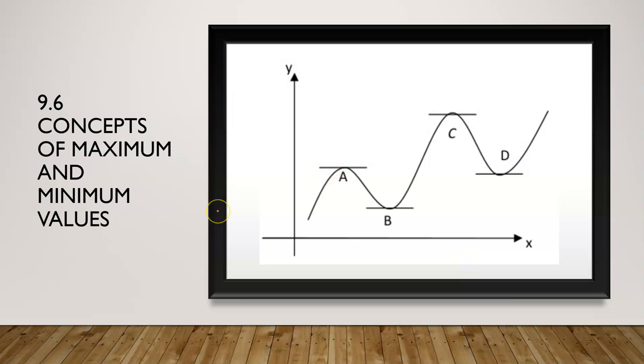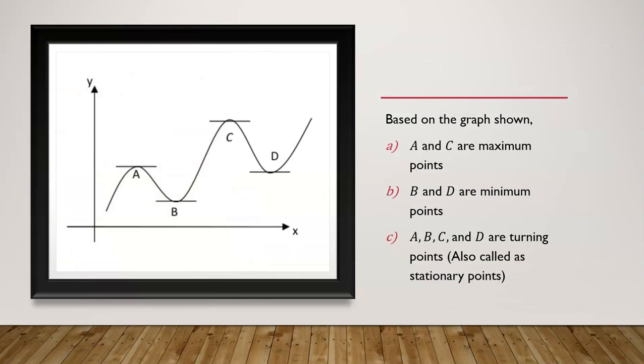So next is the concept of maximum and minimum value. If you look at the figure, you have a graph where you can see that there are points A, B and C. Based on the graph shown, A and C are maximum points because the shape is concave downwards.